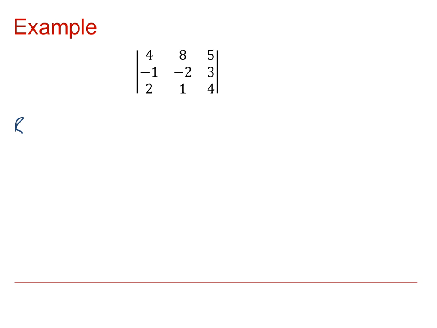So for example, we could take row 1 and add to it 4 lots of row 2. And if you do that, we produce a new matrix which has got 0, 0 and 17, and then the other 2 rows are still the same.